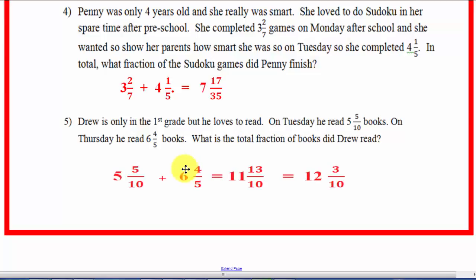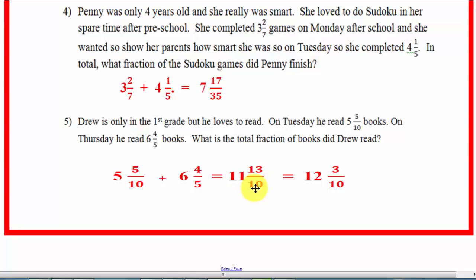Here's the answer. We have 5 5/10 plus 6 4/5, right? 6 and 5 is 11. Now, the common denominator is 10, so 5 goes into 10 how many times? 2 times, so 2 times 4 is 8. 8 and 5 is 13, so we have 11 13/10.